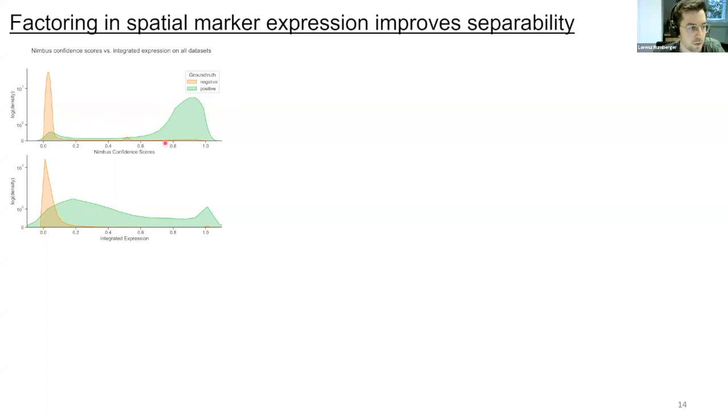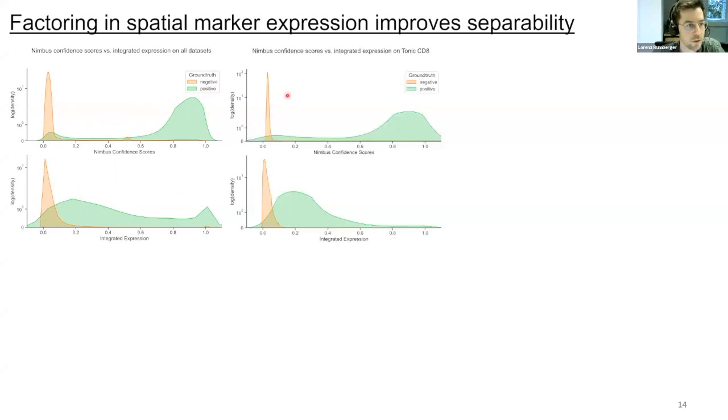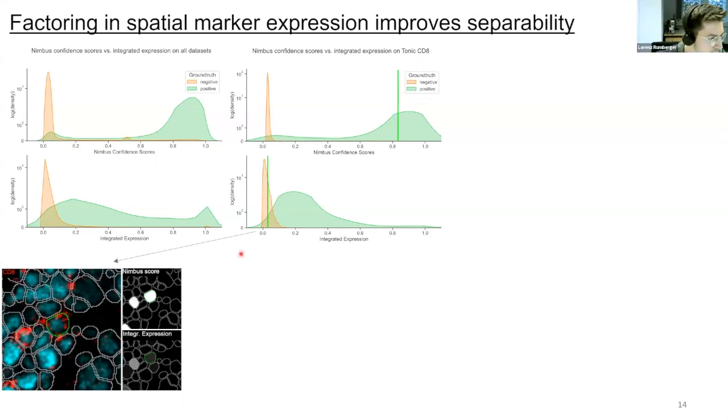But let's zoom in more to understand what the predictions really look like. Here we have the Nimbus confidence scores again on top, and the integrated expression, the KDE plot, at the bottom for the TONIC dataset and for CD8 cells. When we zoom into one specific example, you see the CD8 channel, and the marker tracks the membrane of the cell.